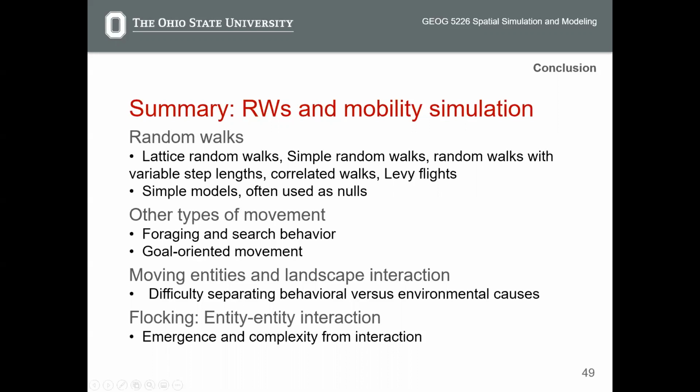At the end, we talked a little bit about flocking, not too complex, only very basic components for simulating flocking systems or self-organizing systems. So there is emergence and complexity from interaction. Emergent behaviors are something you cannot predict from the simple set of rules followed by individuals.